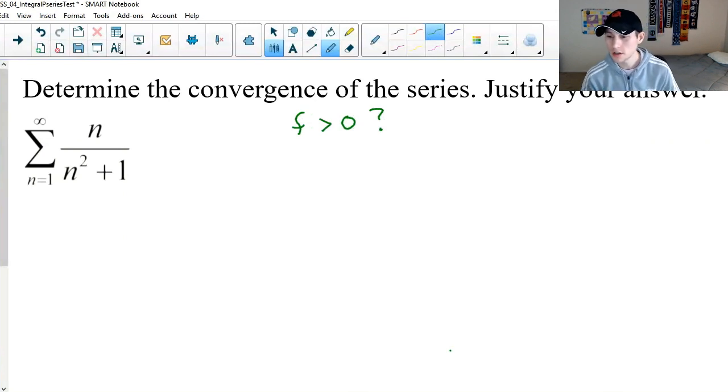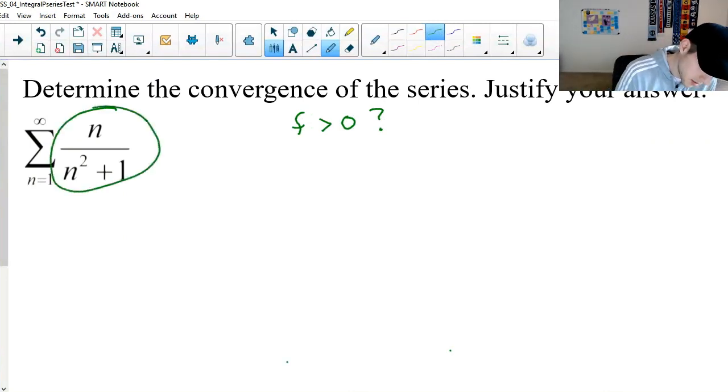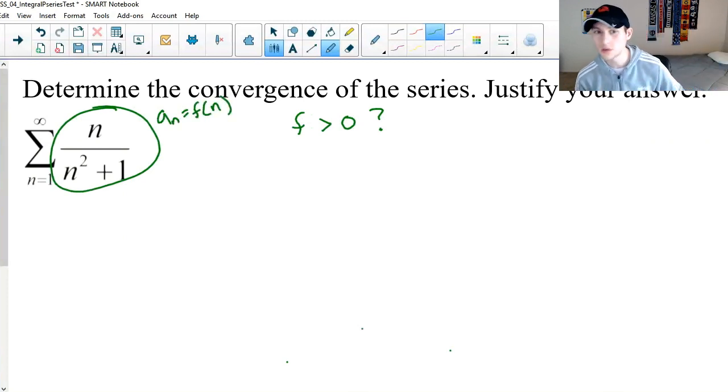So our first thing we want to know is, is F positive? So this is our function. This is the sequence, and that's what we're using as our function F. So would this always be positive?